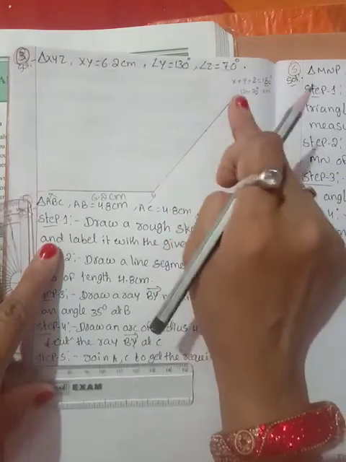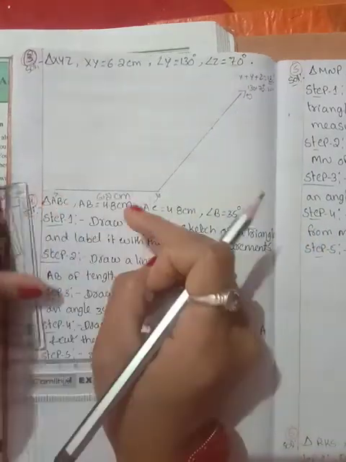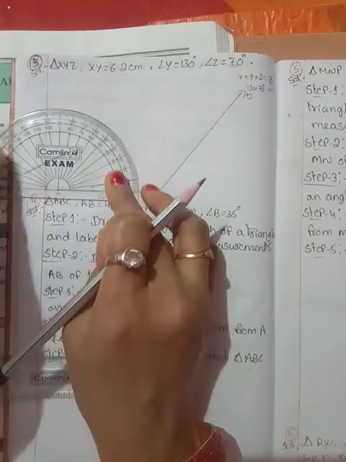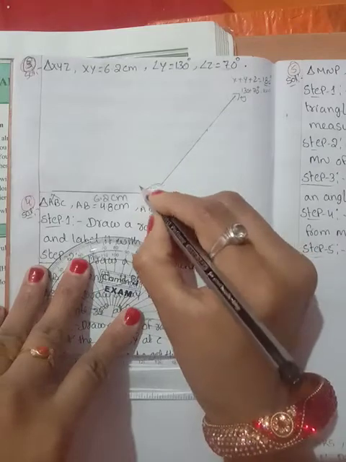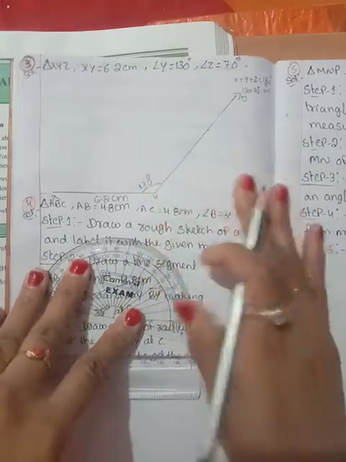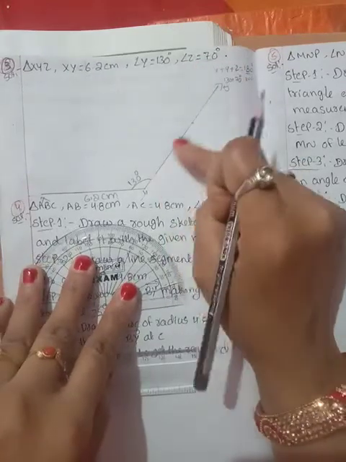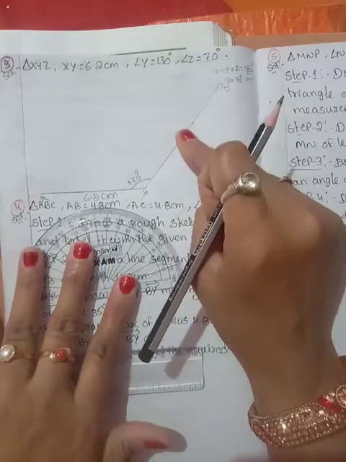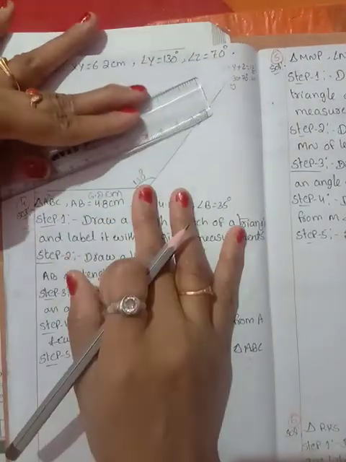With angle X we could use the protractor and mark it very easily, but here the angle at Z you cannot draw. The Y angle is 130 degrees and you can draw that ray easily, but the other angle you cannot draw, so constructing the triangle is not possible.